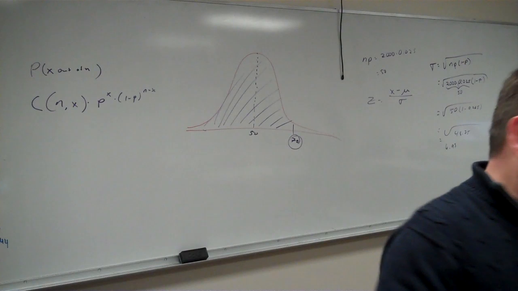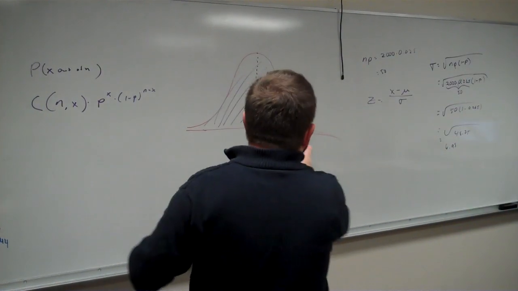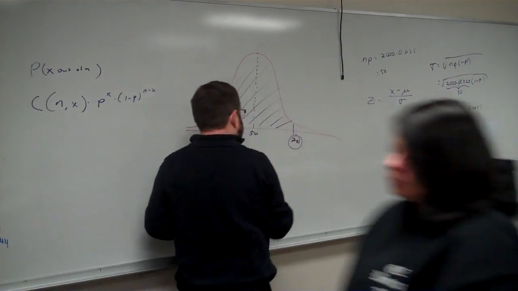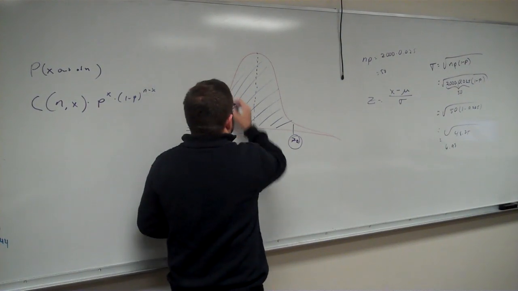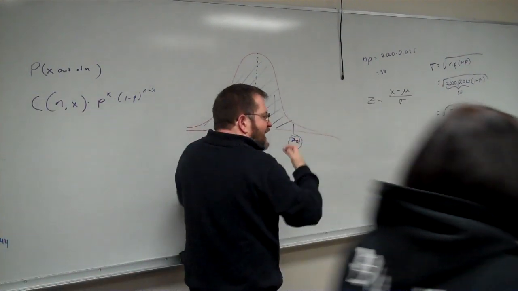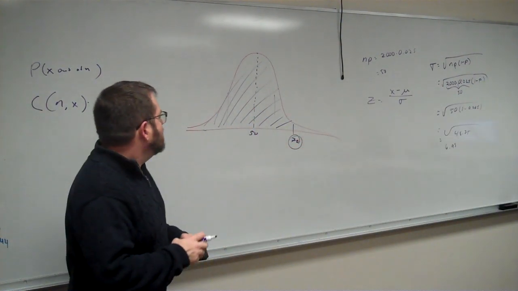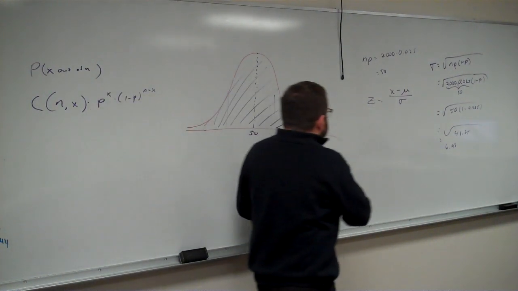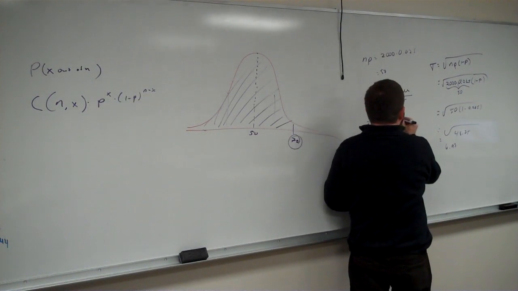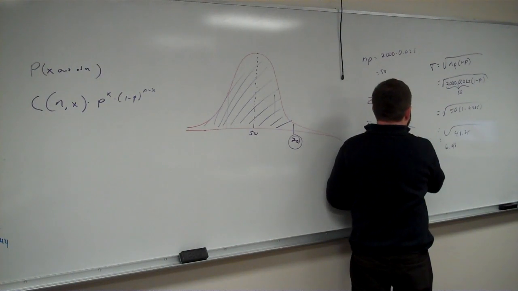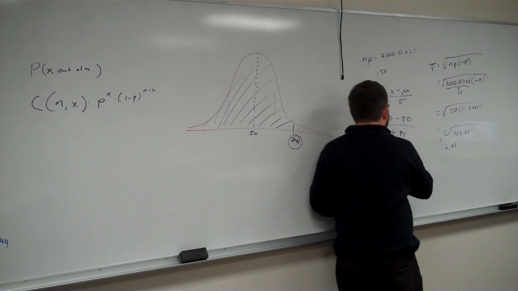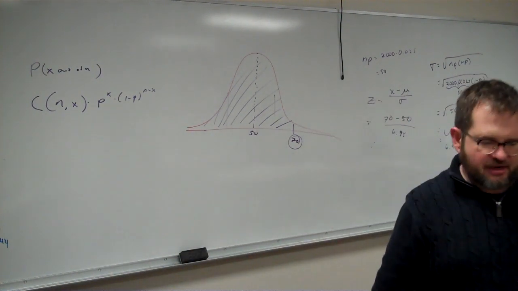That is the standard deviation of this distribution. It's a measure of how broad the distribution is. So our z-score is 70 minus 50 divided by 6.95. I hope I'm doing this one right.